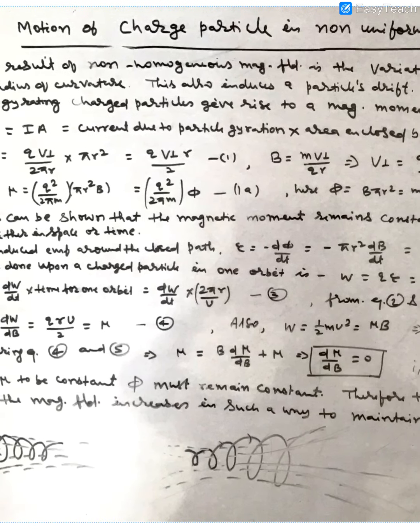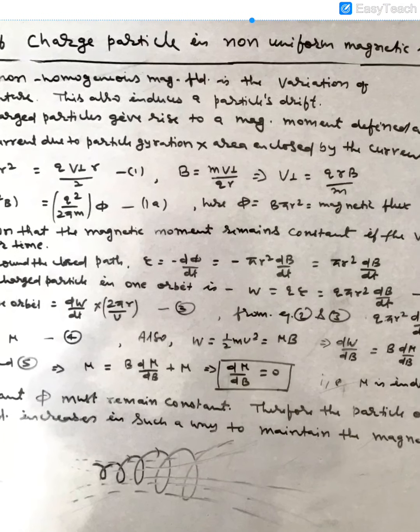and by equating the Lorentz force with the centripetal force, we will have the expression of the magnetic field as m V perpendicular upon q r. From here we can have V perpendicular as q r B upon m.